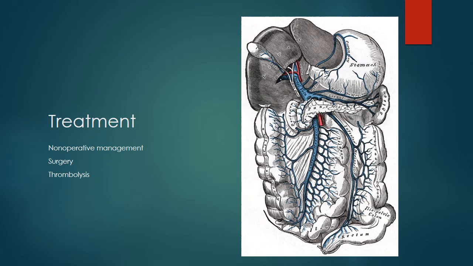The difference between mesenteric vein thrombosis and arterial occlusion in the management is the difference between conservative and operative management. Whereas in an arterial occlusion, the focus of therapy is on open embolectomy and resection.